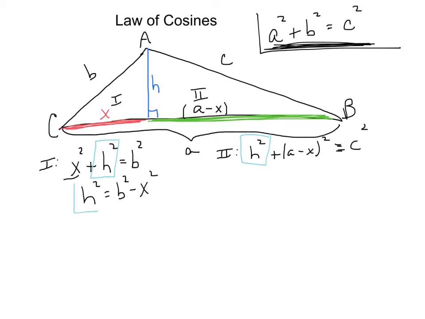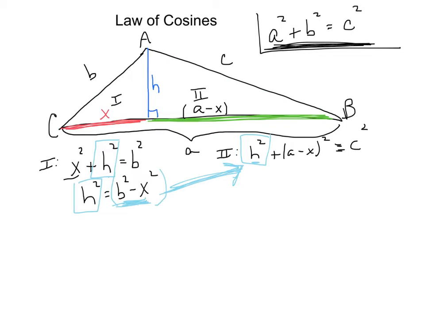Now that I have an h squared representation, I could solve over here for h squared and then set them equal to each other. But in this case, I am simply going to substitute into this formula for h squared. Because if h squared is the same as b squared minus x squared, then I'm going to replace h squared over here with that b squared minus x squared.